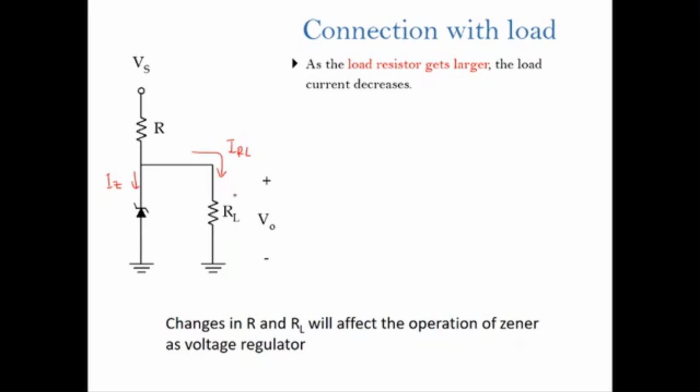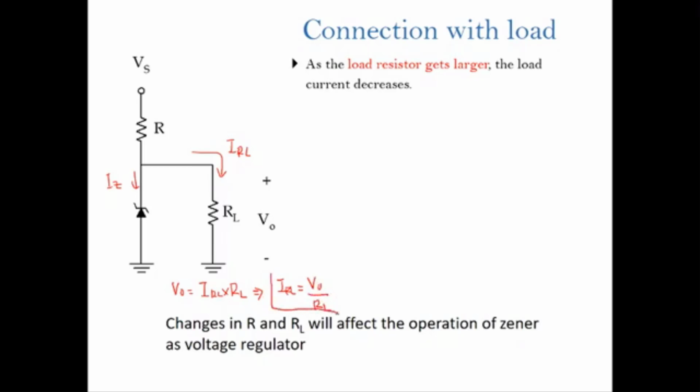If you want to derive the equation for V out, using Ohm's law, V out equals IRL times RL, and then you should get IRL equal to V out over RL.